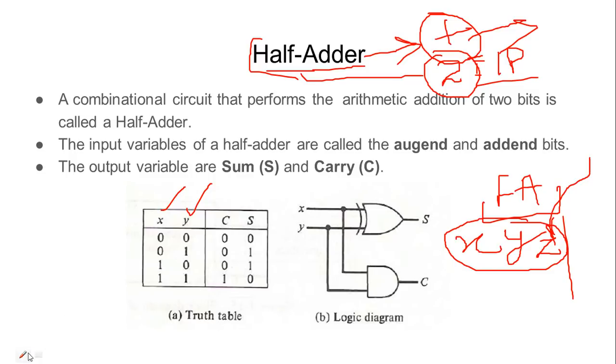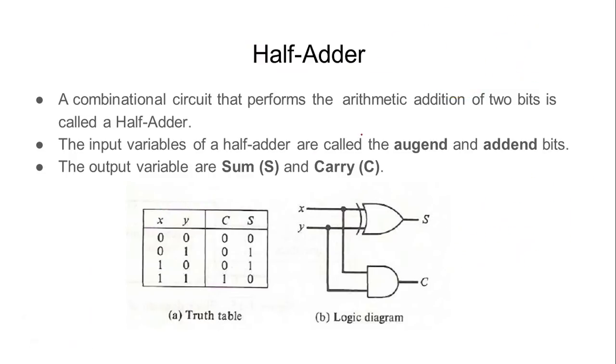So let's understand in detail about these half adders. A half adder is nothing but a combinational circuit which performs the arithmetic addition of two bits. So this is the point to remember here: the arithmetic addition of two input variables is considered in case of a half adder.